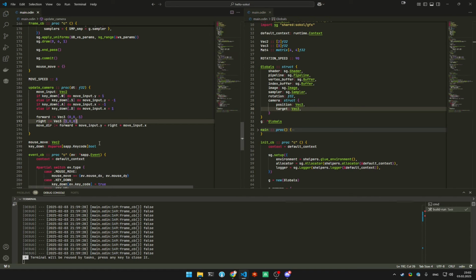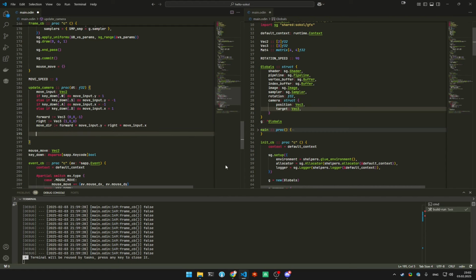And now we calculate the movement direction with the input, and now we can say our motion that we want to apply would be a normalized vector. I hope you guys all know what that is.